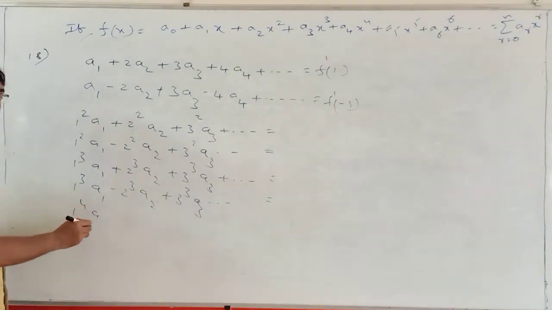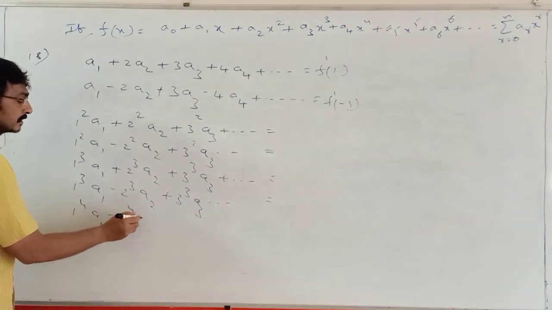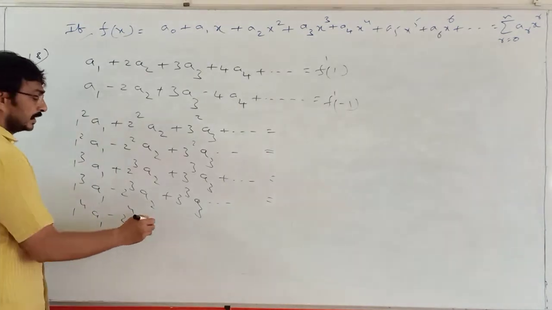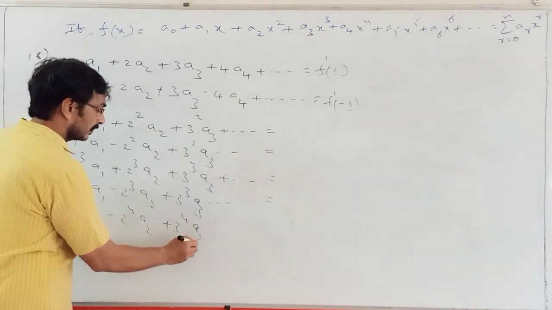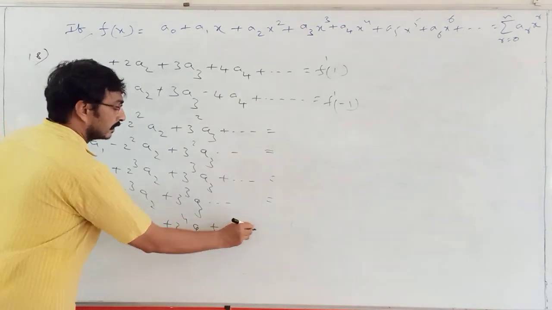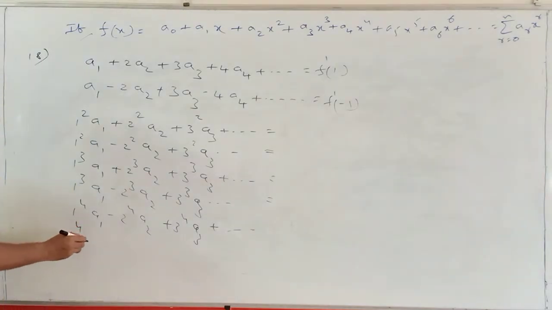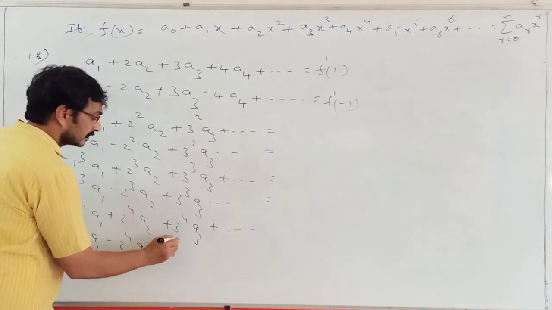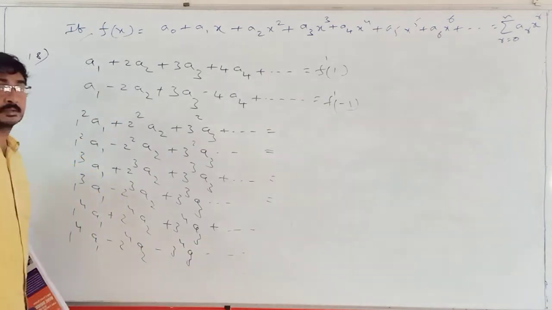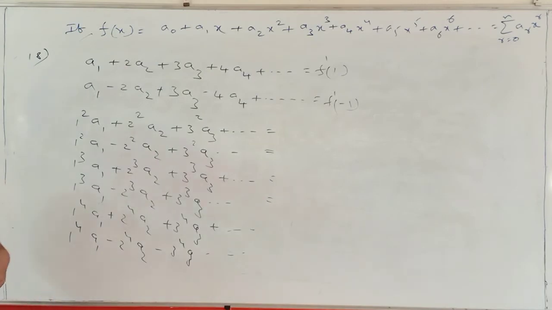Next, 1 power 4 a1 minus 2 power 4 a2 plus 3 power 4 a3, and the alternating version. So I can extend this. Very easy to remember. So we will use all these only in advanced range problems.